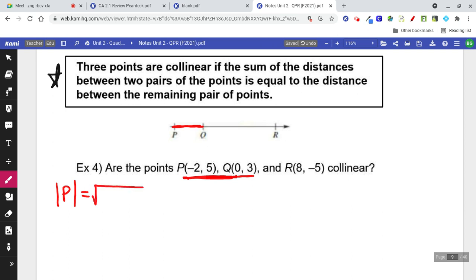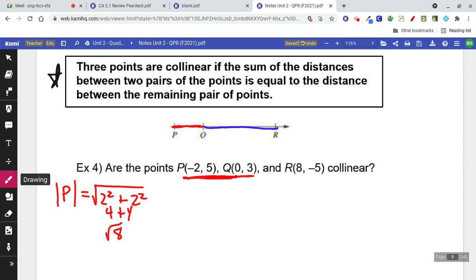So look at your x numbers, -2 and 0. The distance is 2. Look at your y numbers, 5 and 3. The distance is also 2. And yes, I'm subtracting them, but I'm just looking at the distance. Talking about distance, we've got 4 plus 4 is 8. That's the square root of 8.